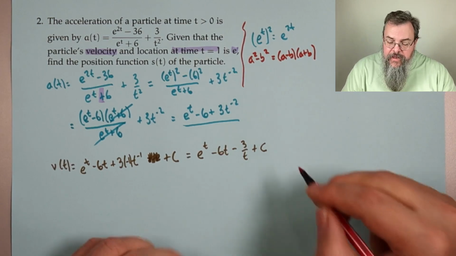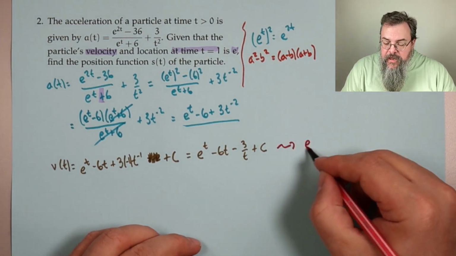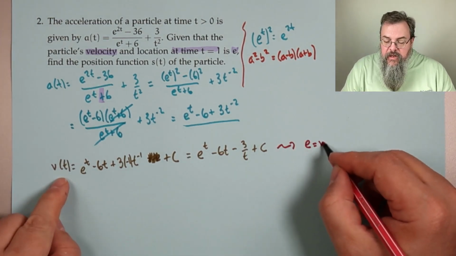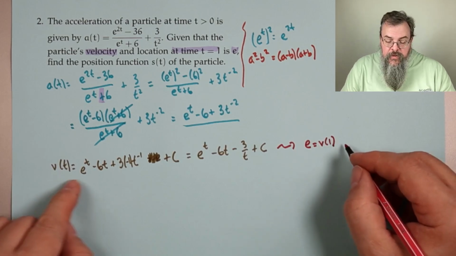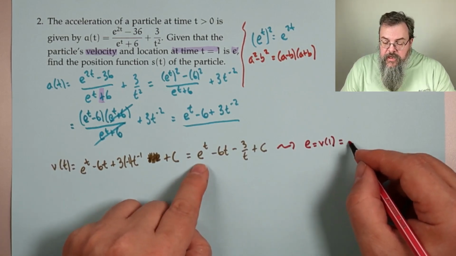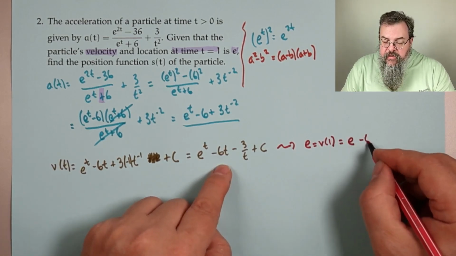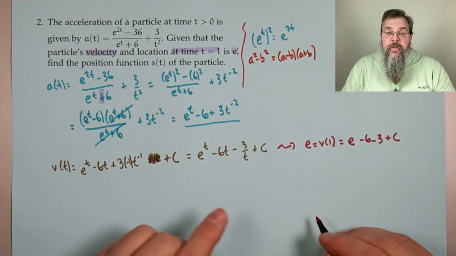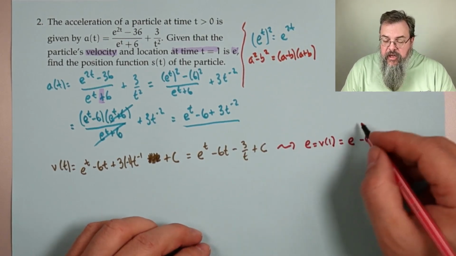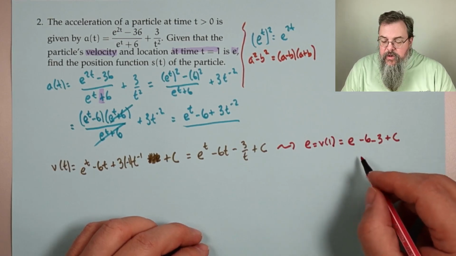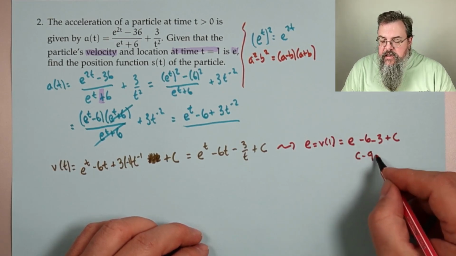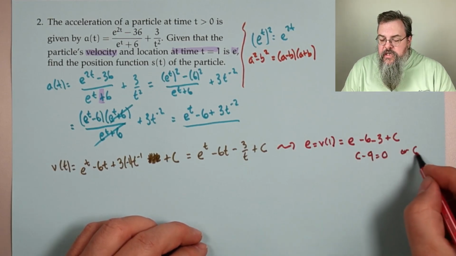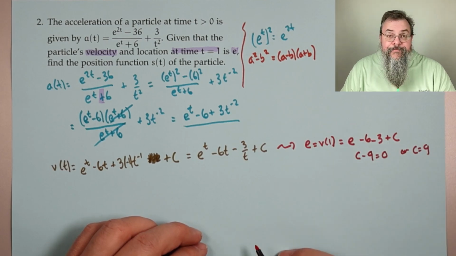So we can say the following. e is the velocity at time 1, which is equal to e minus 6 minus 3 plus c. Now notice the e's cancel here. And so what you really get is that c minus 9 equals 0, or c equals positive 9.